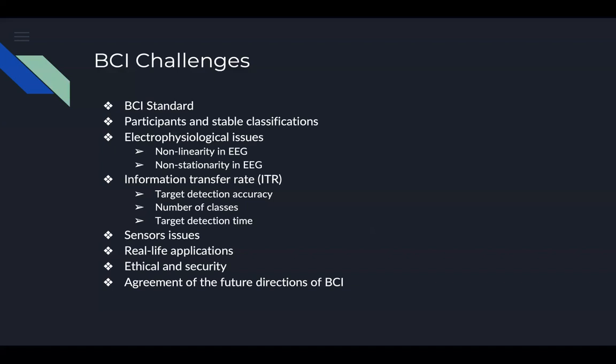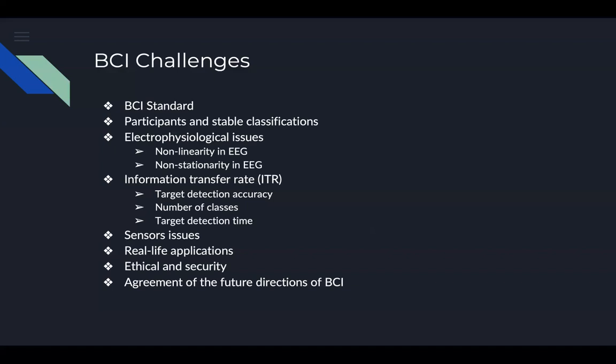Electrophysiological issues. Electrophysiological issues are when sometimes electrodes do not get the correct reading, and it is subcategorized into two parts: non-linear EEG, where you get multiple stimuli at a time, so your readings can be disturbed when the user gets multiple stimulations at a time, and it interferes with your results.